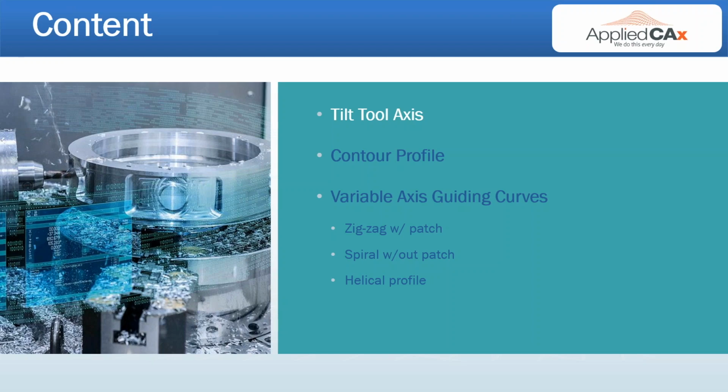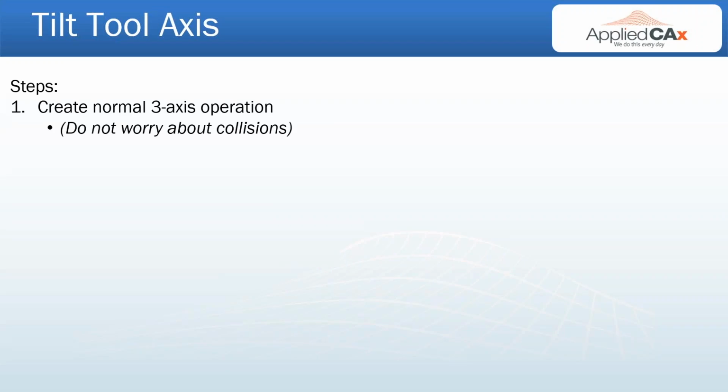Pretty much you just program a normal 3-axis operation, and then you have NX automatically adjust the axis to account for any kind of collisions, to avoid tool collision or tool holder collision or a shank collision. So, like I said, it's pretty basic. You just program your 3-axis operation.